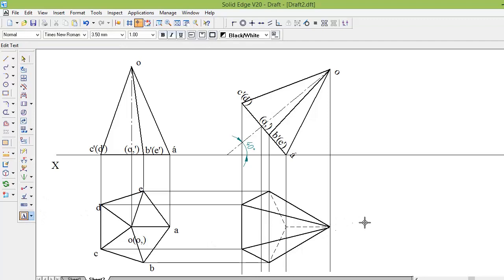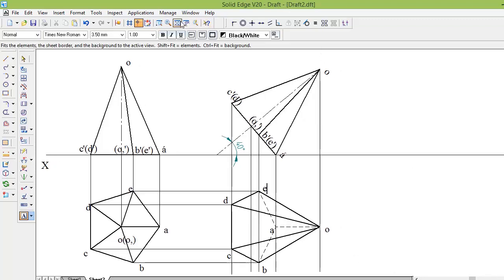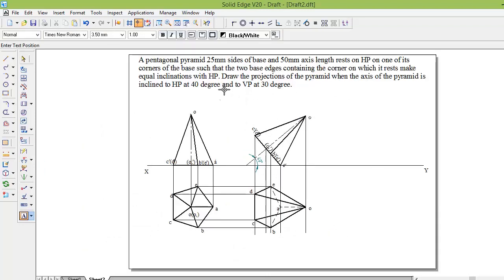Nomenclate these things. It is O. This is the point A. B, it is C, D and E. Okay, next, see, the problem is the axis of the pyramid is inclined to 40 degree.